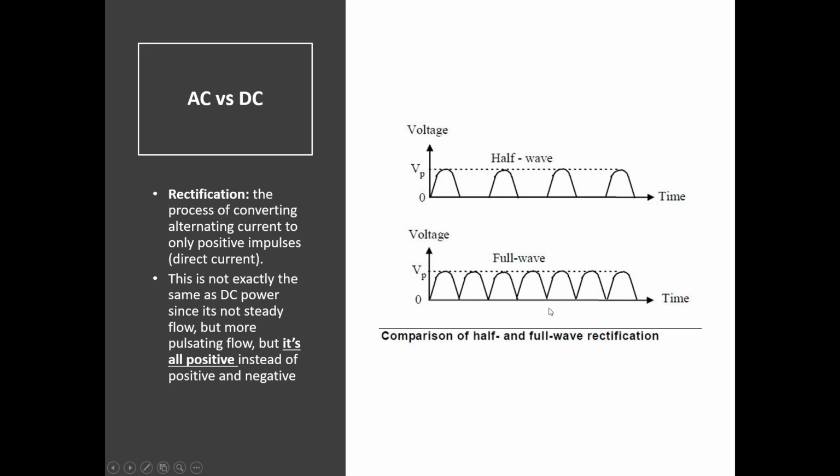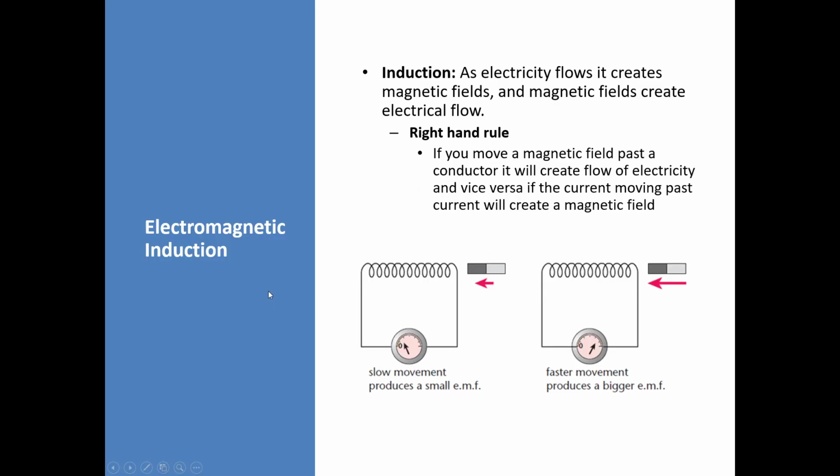That's to keep our X-ray tube safe, for a reason we'll talk about in a couple weeks. So it's not exactly the same as DC power. Since it's not a steady flow, it's more of a pulse: positive, positive, positive, instead of going up and staying positive the way direct current works. So it's a pulsating flow, but it's all positive instead of both.